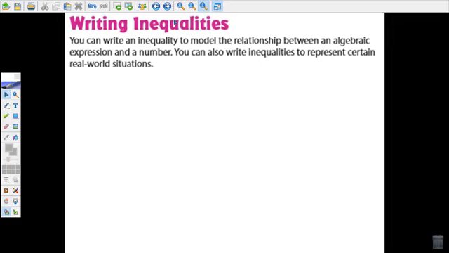Writing inequalities. You can write an inequality to model the relationship between an algebraic expression and a number. You can also write inequalities to represent certain real-world situations.